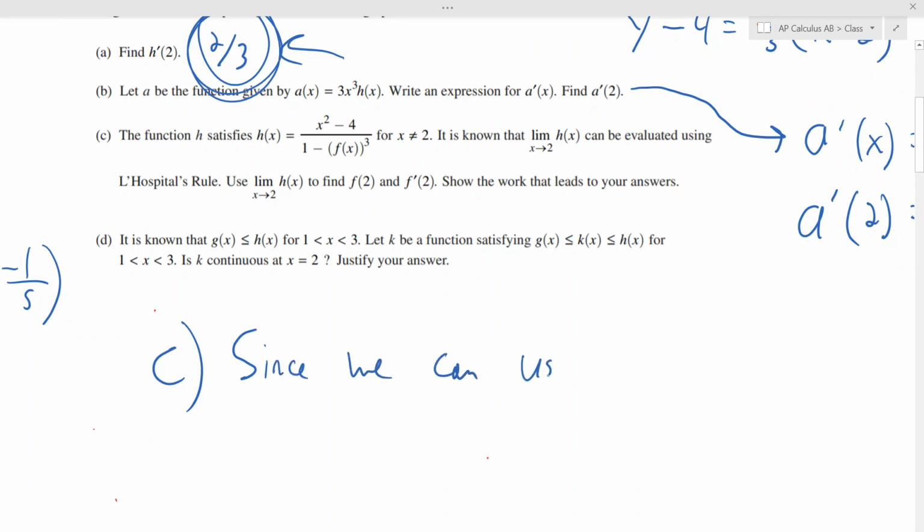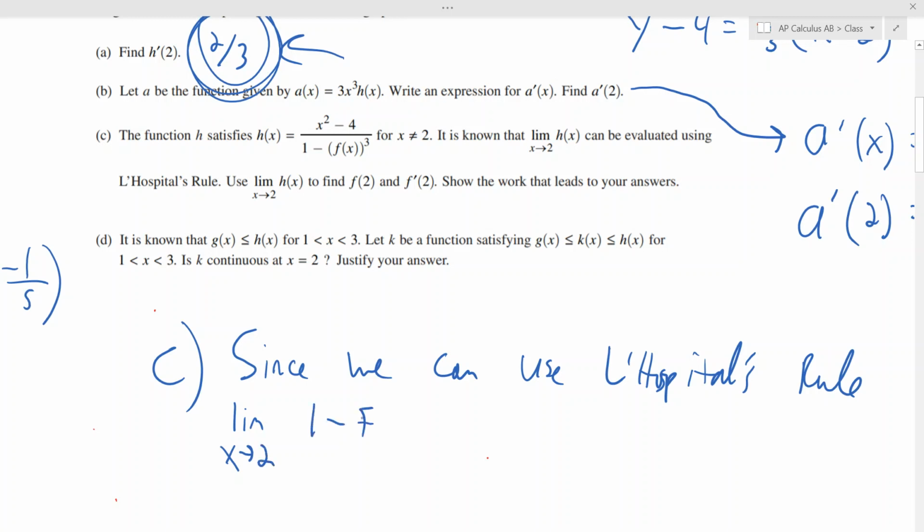Since we can use L'Hopital's rule, the limit as x approaches 2 of the denominator must be 0. That has to happen. That's the only time you can use L'Hopital's rule, if you get 0 over 0.